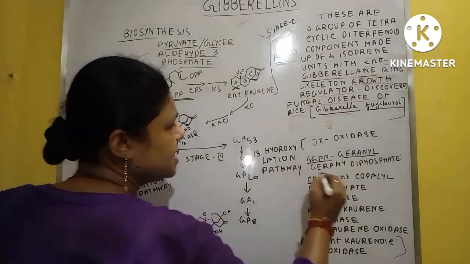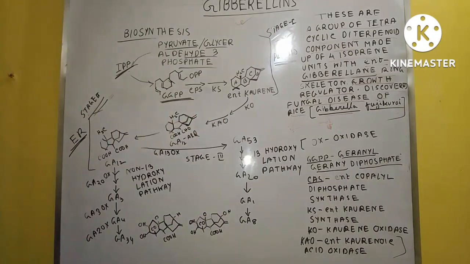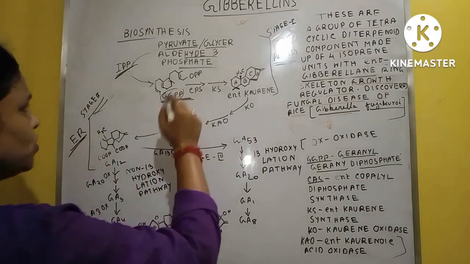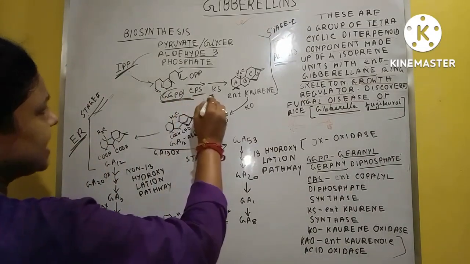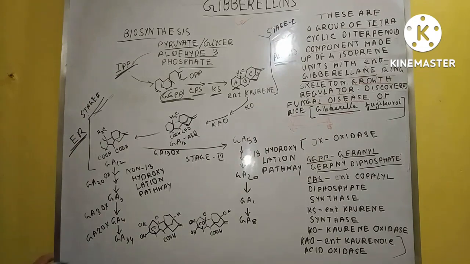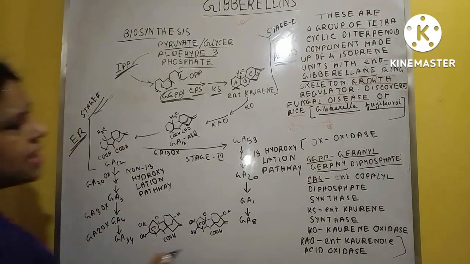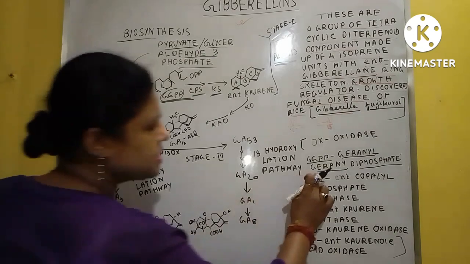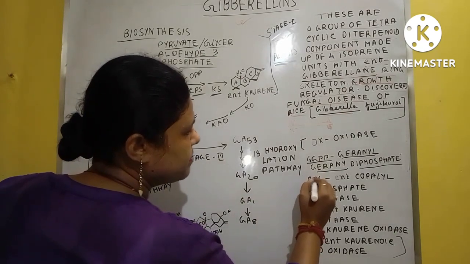GGPP is geranylgeranyl diphosphate. This GGPP converts due to the presence of the CPS and KS enzymes. What is CPS?